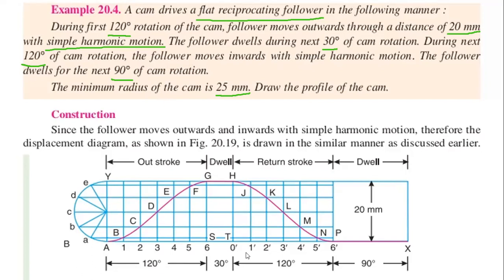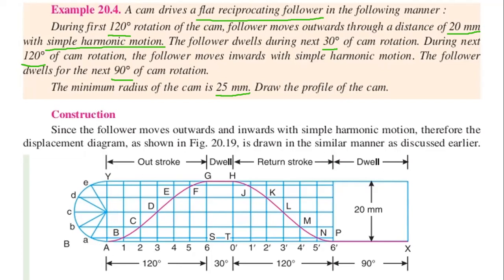Firstly, you have to draw a rectangle with the height as 20 mm. That is, the stroke of the follower is 20 mm in height, and the distance is taken as per your suitable scale.